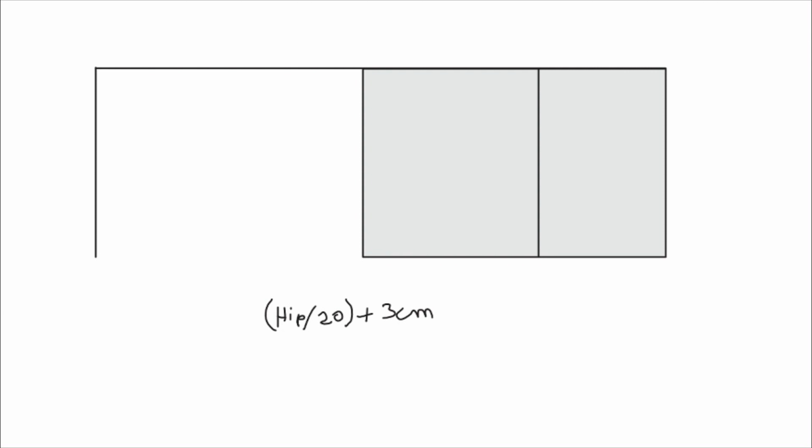And in Terry's case, that is 9.05. So we're drawing in a line from here, 9.05 centimeters above. And there we have our hip line.